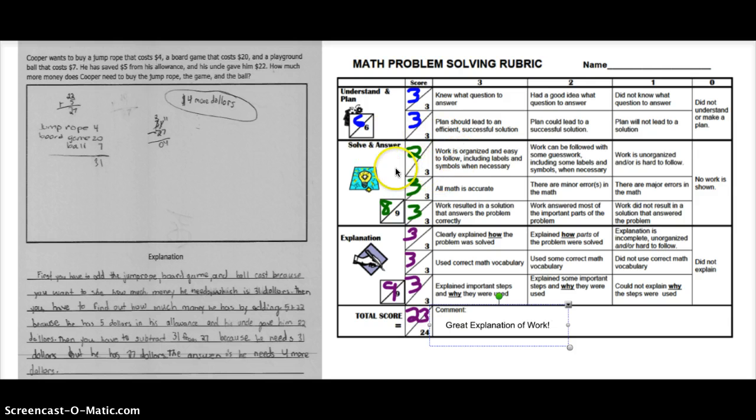So up here in the second section, where they got the 2 out of 3, I would explain, please remember to label all your work, just to give them the clue to go back and make sure those things are labeled next time, because that is the only thing that was wrong in this problem.